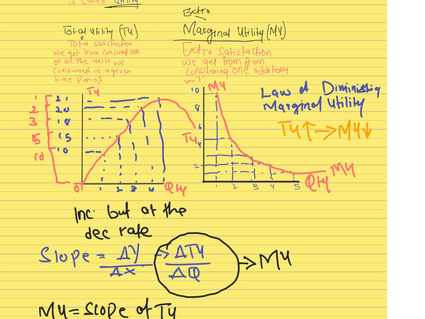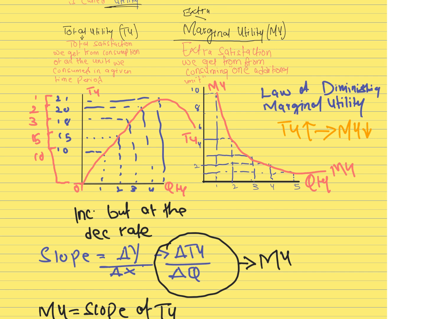Okay, so that is it for this video. In this video, we did the introduction of utility. We understood the concept of marginal utility and total utility. We learned how to draw the diagrams for total utility and marginal utility.